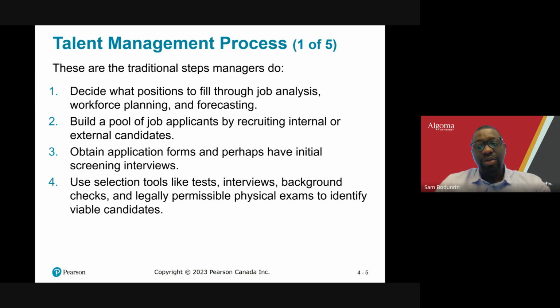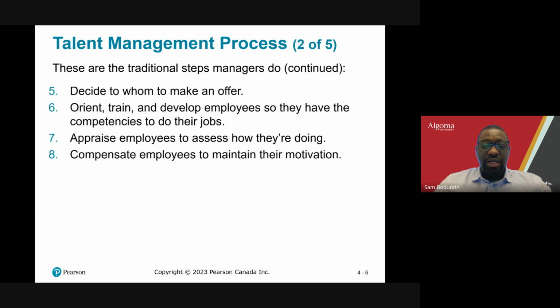But remember, when you're doing your medical test or any form of interview, it must meet or pass BFOR, Bona Fide Occupational Requirements. Then they decide who to make an offer to, identifying the right candidate.